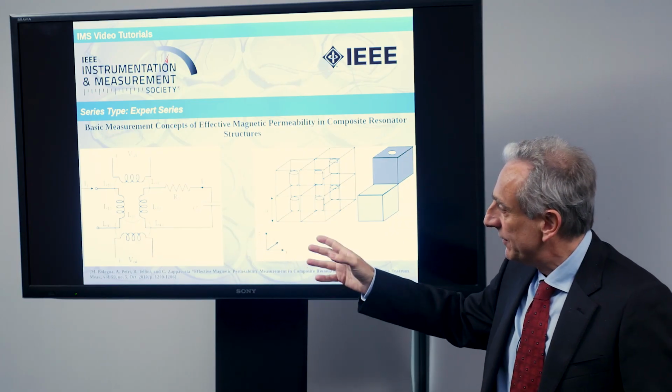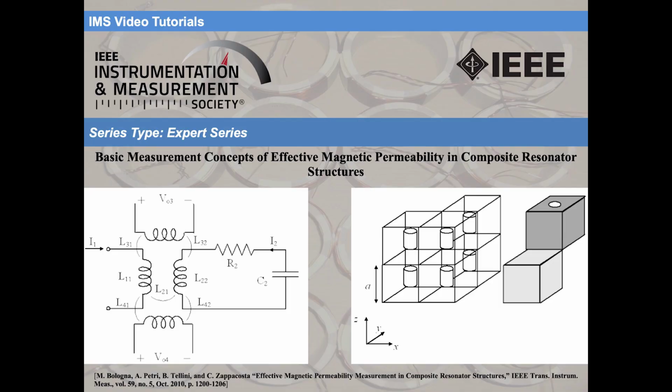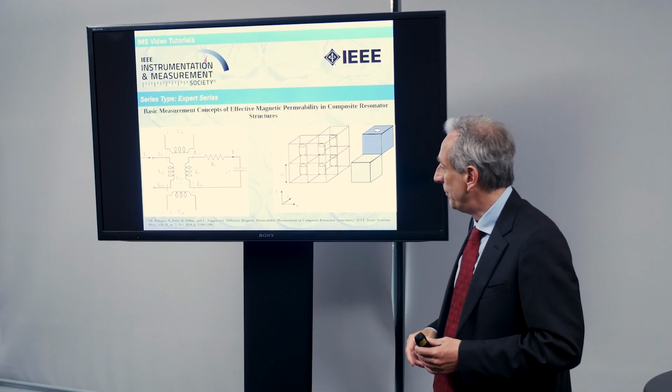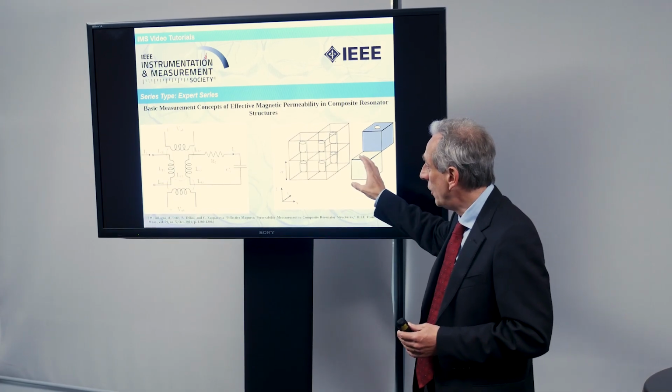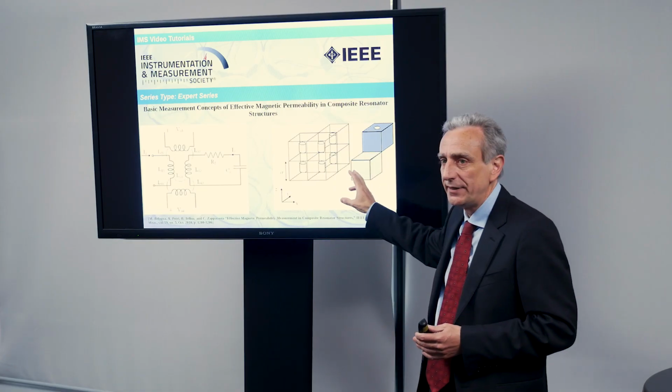The equivalent circuit can be easily derived, but apart from that, I send you to the reference reported at the bottom of the slide. The concept is again explained here in this 3D representation.